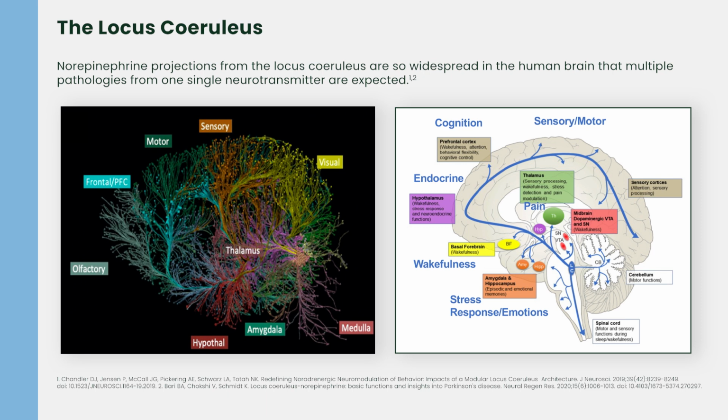As you look at the right-hand side, one more time you can appreciate how this single neurotransmitter originating from the locus coeruleus can impact our stress response, our sleep-wake regulation, definitely our mood, but also things like cognition, also fear response. So the fact that you're here learning about norepinephrine really is so important because these are all symptoms and issues that can be present in our patients.